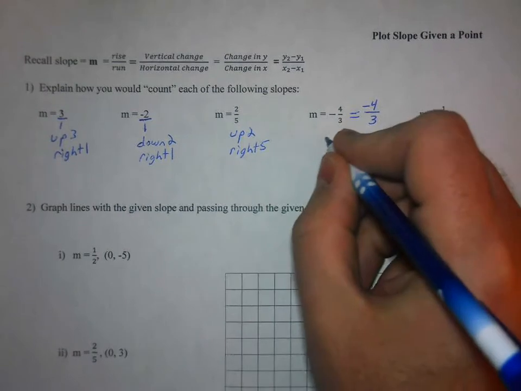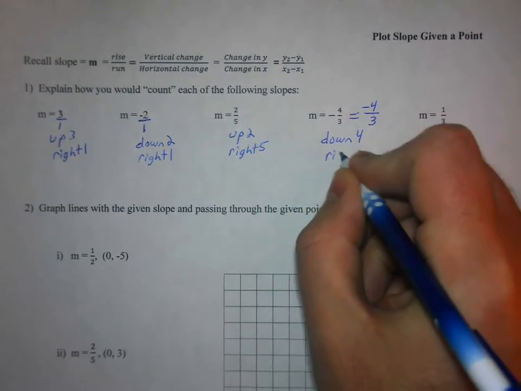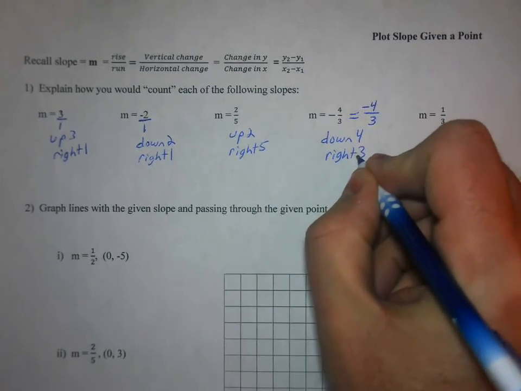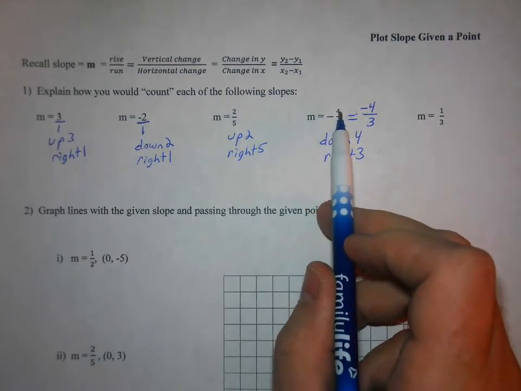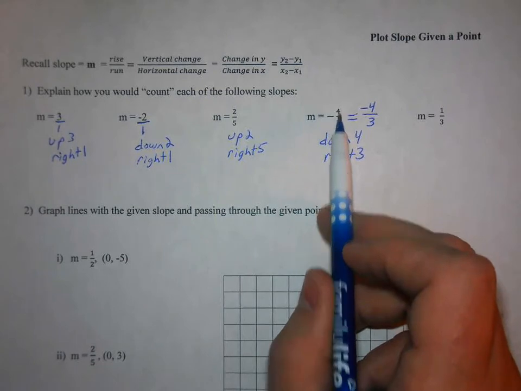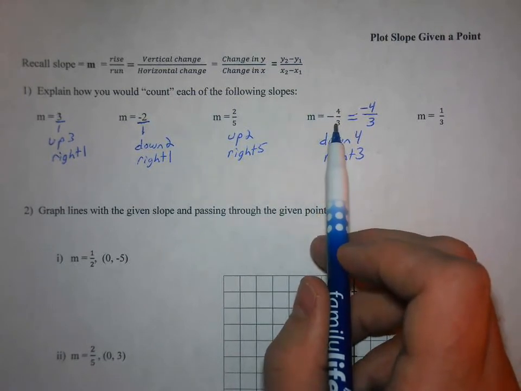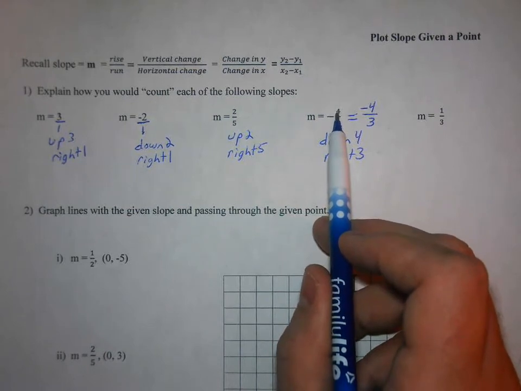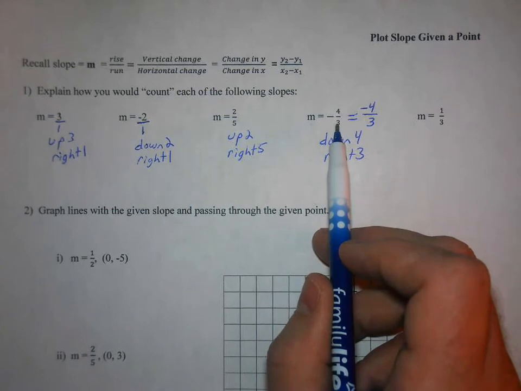So if you look at it that way, that will be down 4 and to the right 3. So the point there is when you see that negative, you put it in the numerator or the denominator. I always say numerator just to keep it the same every time. Put the negative in the numerator, and then when you count it, you're always going to go down and to the right. So in this case, down 4 to the right 3.